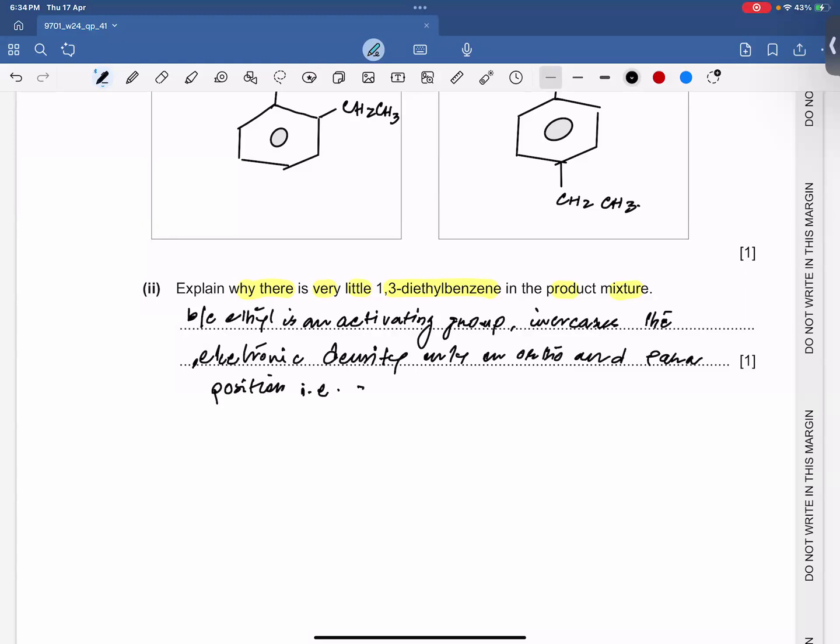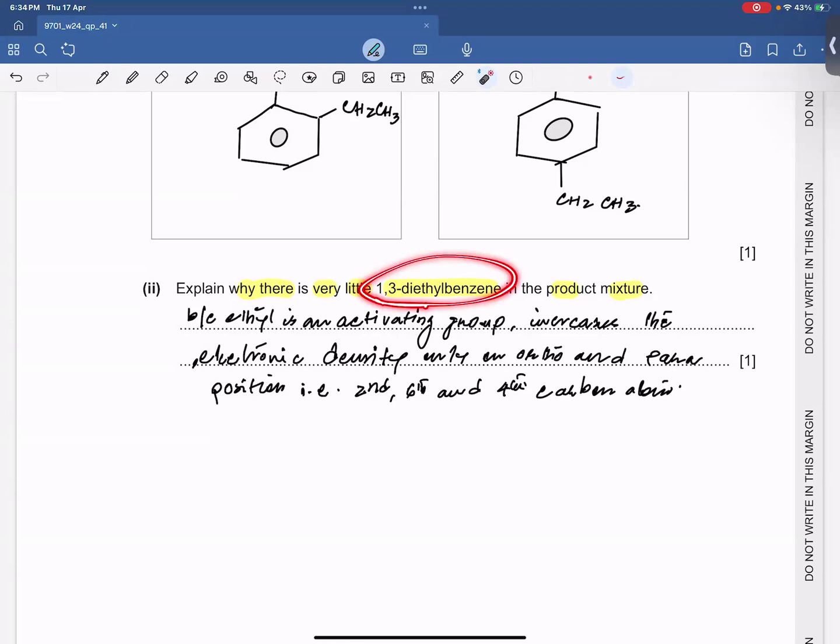That is second, sixth, and fourth carbon atom. Which is why this meta product exists in a very trace amount. Okay.